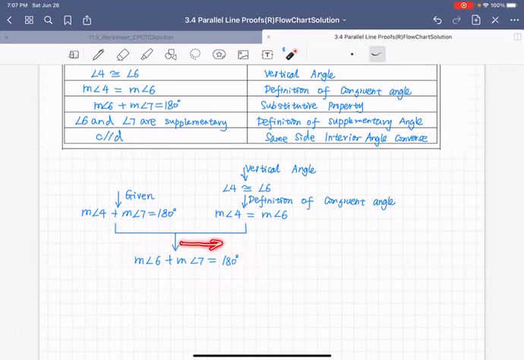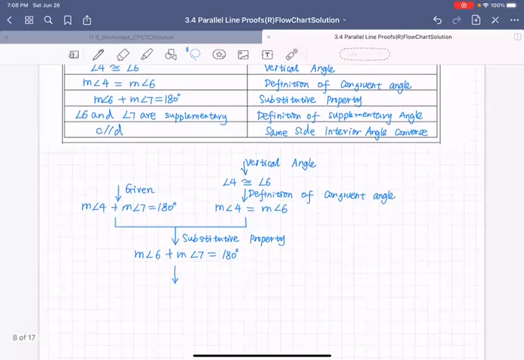And what do you put here? Substitution property. Okay. So you put it over here. Next, what do we put next? Go ahead, Annie. You put angle 6 and angle 7 are supplementary.